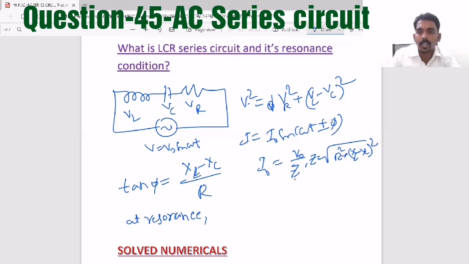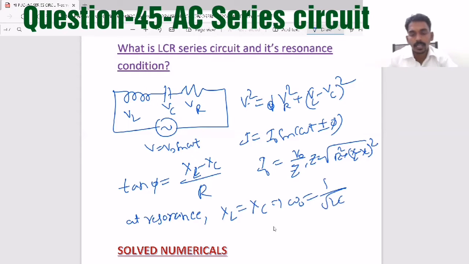At the resonance condition, the amplitude of current becomes maximum, that is at XL equal to XC, where omega naught equals 1 by root LC. At this frequency, the amplitude becomes maximum and impedance becomes minimum, that is, just the resistance.